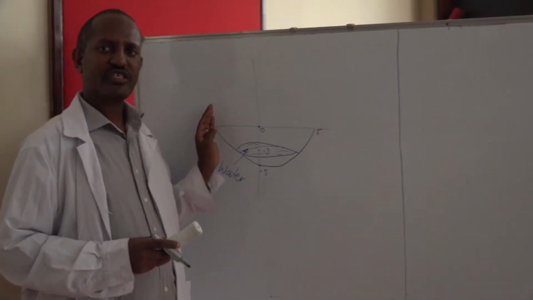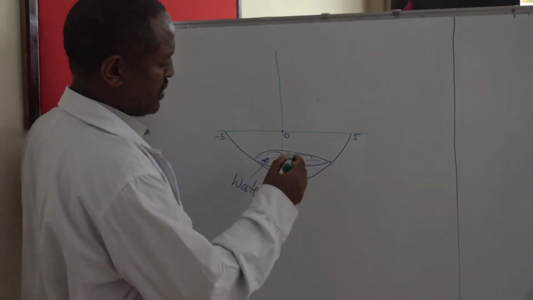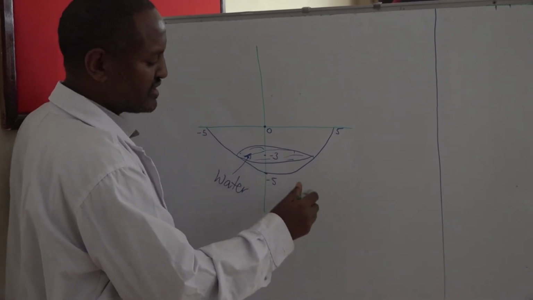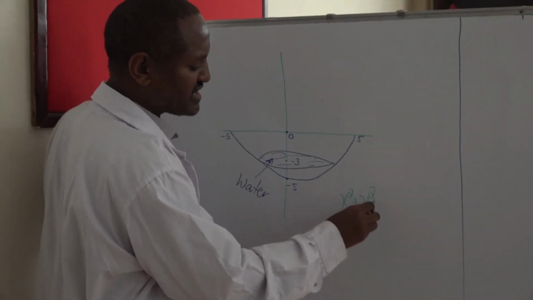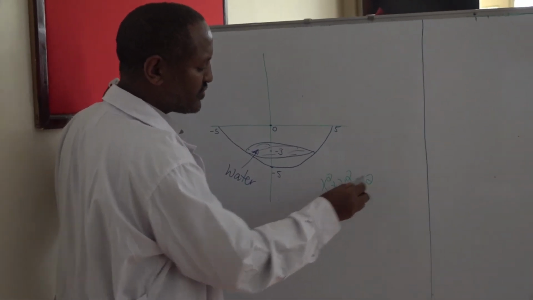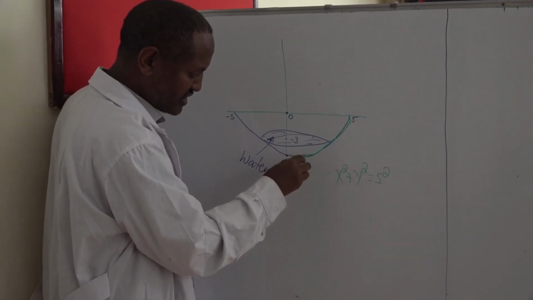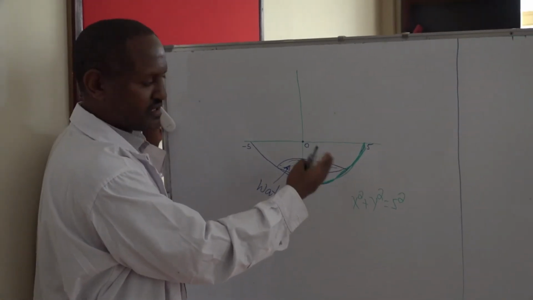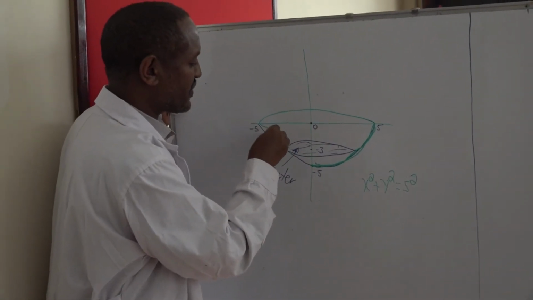Now first let us see how to generate this spherical bowl. If you take only a quarter of the circle centered at (0, 0) and having radius 5 units, that means only this part of the circle, and if we revolve this about the y-axis, we'll have this spherical bowl.